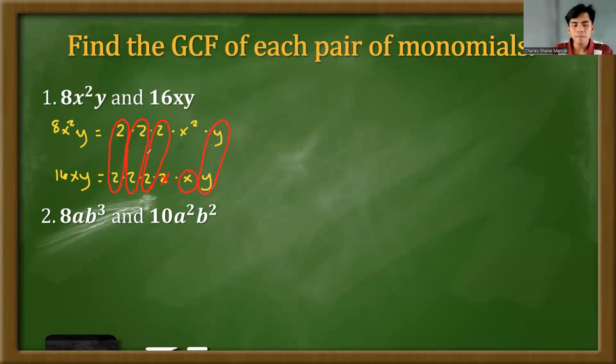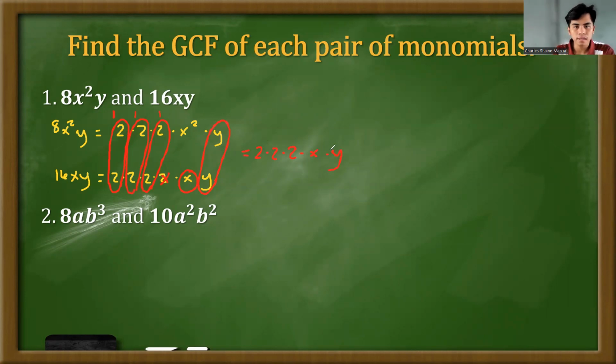So, take note lang po, itong 2 na binilugan ko sa taas and sa baba, considered as 1 lang siya. Yan. So, ibig sabihin, ganito lang siya. 2 times 2 times 2 times x times y. Okay? Yung mga binilugan natin. Ito, 1, 2, 3.